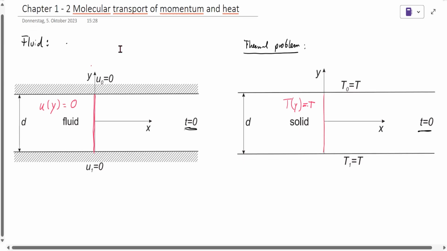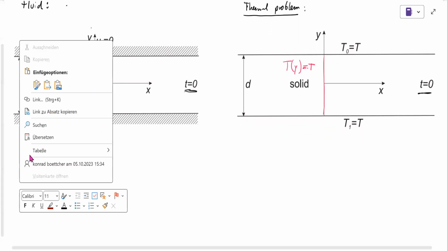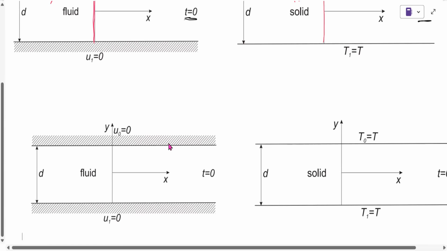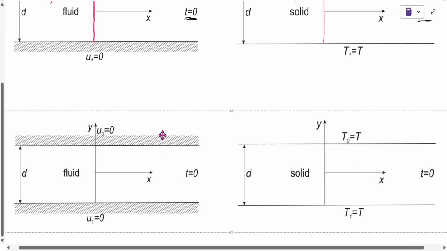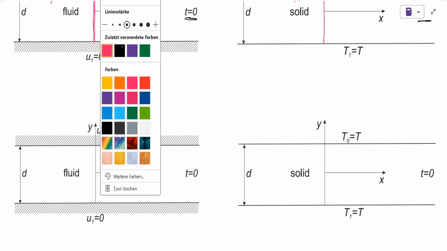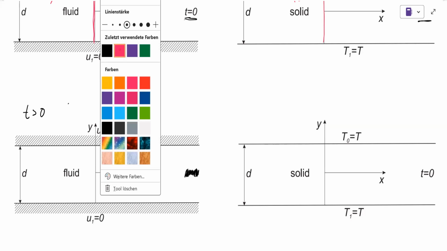But now what will happen if we have a look at another point of time? So again, on the right-hand side, t is greater than 0. Now take a look at this one. Now the upper plate starts to move from left to right.